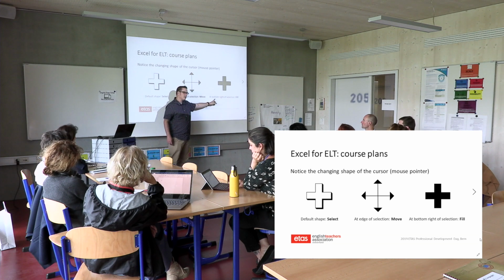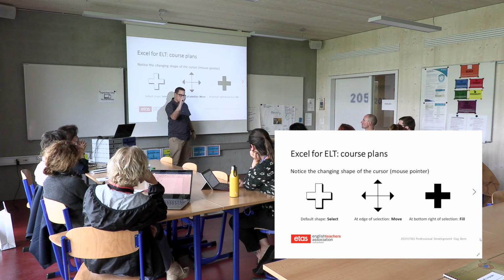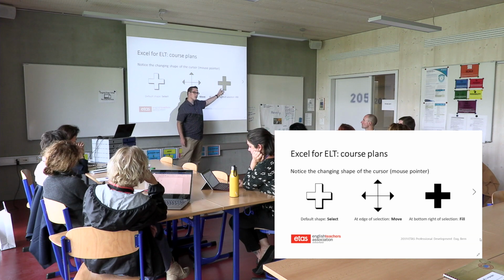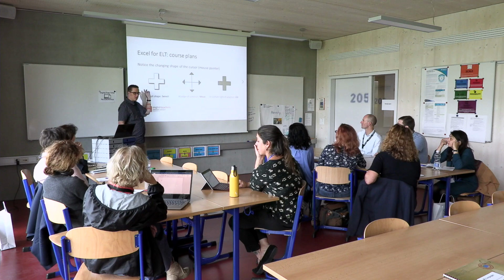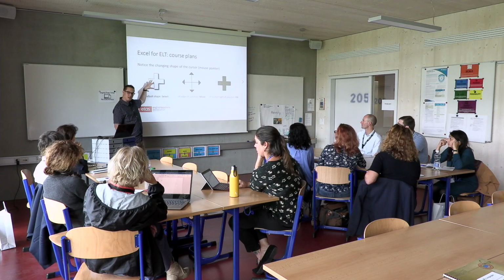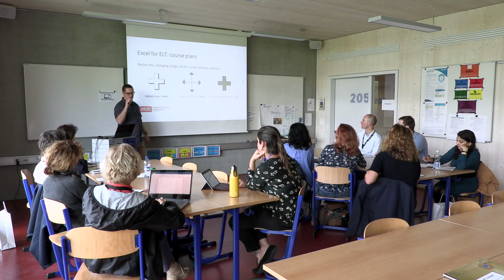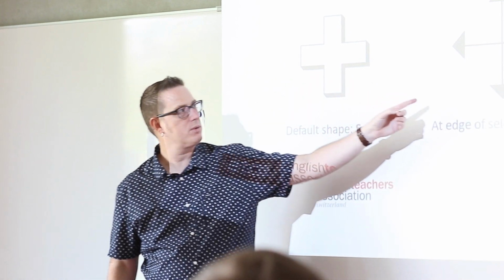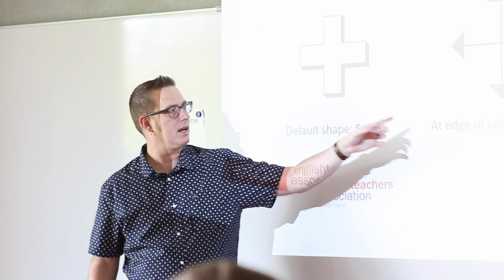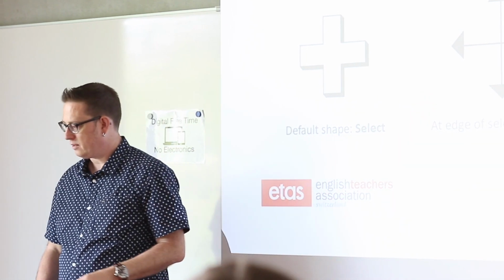And when there's a selection at the bottom right corner, there's a little box. And when you put the cursor over this box, you get this shape. And this does really cool things. So I'm showing you this first because obviously on the screen it's going to be quite small. But I will tell you what's happening. So there's these 3 shapes. There's the select and move and fill.